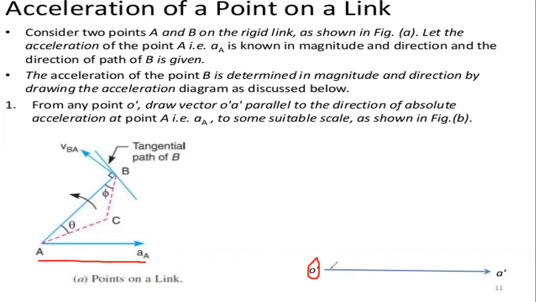So draw a line O dash A dash. This is the line to be drawn with the endpoints O dash and A dash, which is parallel to the direction of the absolute acceleration of the point, that is aA, to some suitable scale. So to your convenient scale, we are going to draw this line.